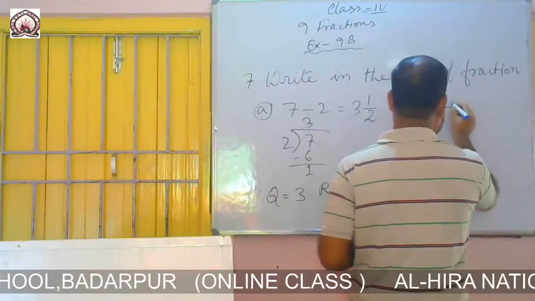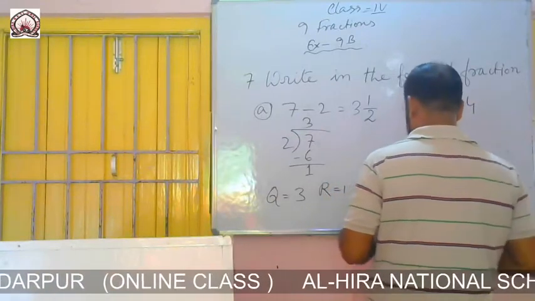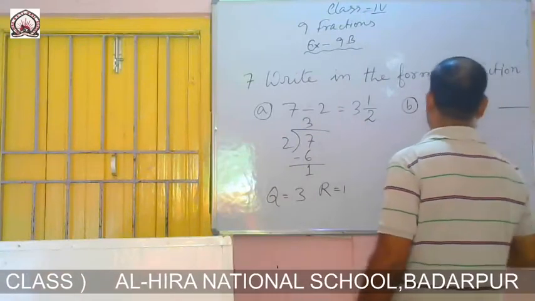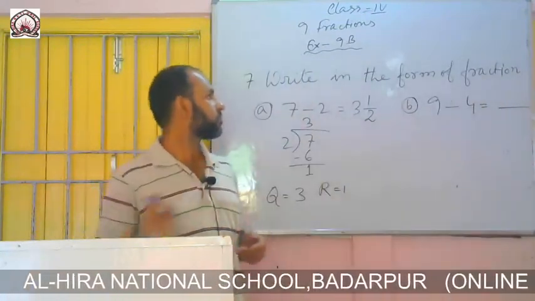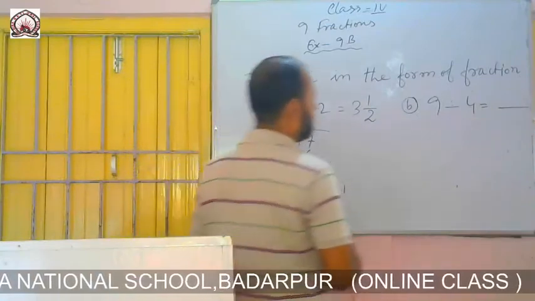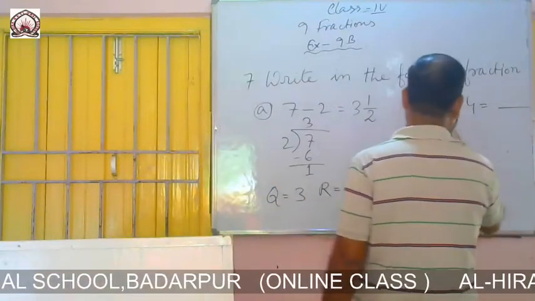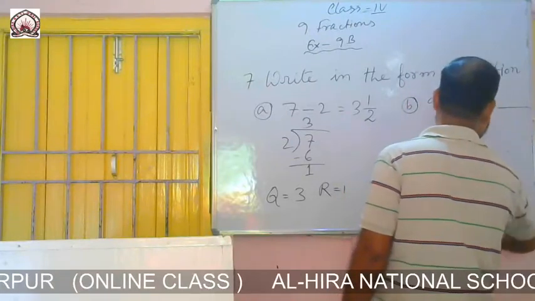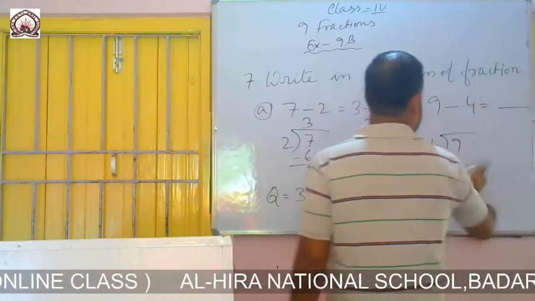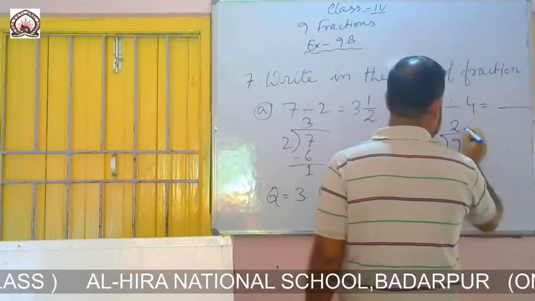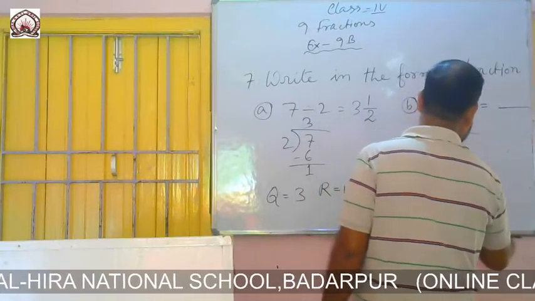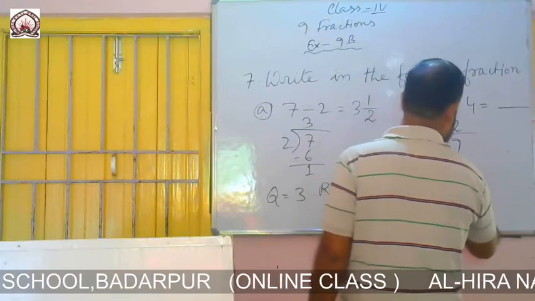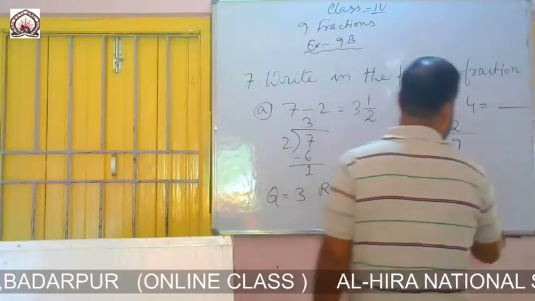Question number B, 9 divide 4 equal to dash. So we write in the form of fraction. So we divide first. 4 2 jar 8. So here 9 minus 8 is equal to 1.